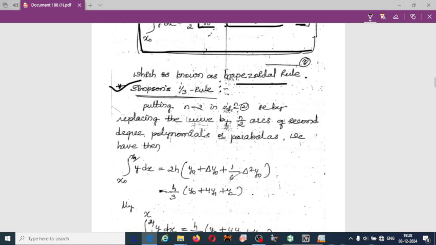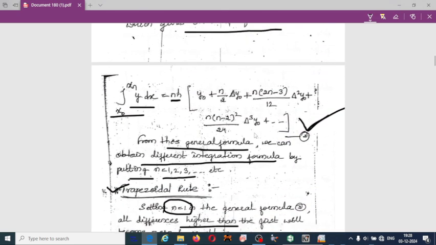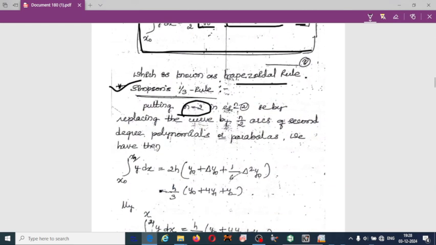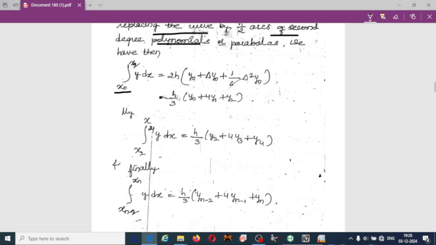So Simpson's one-third rule: if you put n equal to 2 in this equation 2, you will get Simpson's 1/3 rule. Again you should take the interval x0 to x2. Here you should take an even number of intervals, and replacing n by 2 arises a second degree polynomial here.